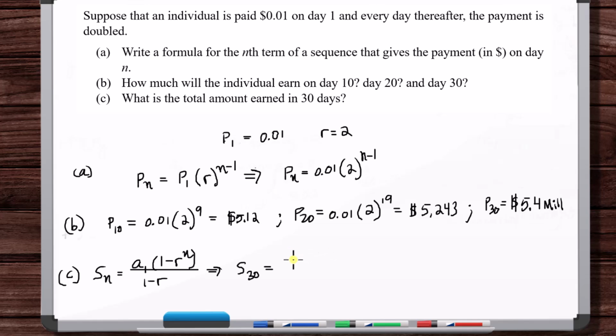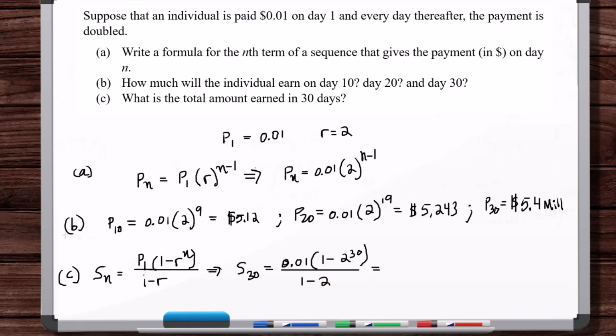A1 is equal to, oh, well, this should be P. Okay, so 0.01 times 1 minus 2 to the 30, all over 1 minus 2.